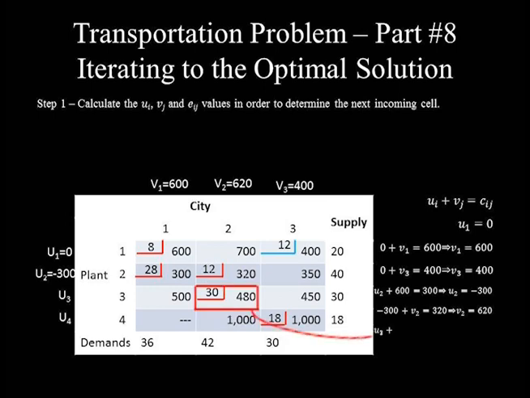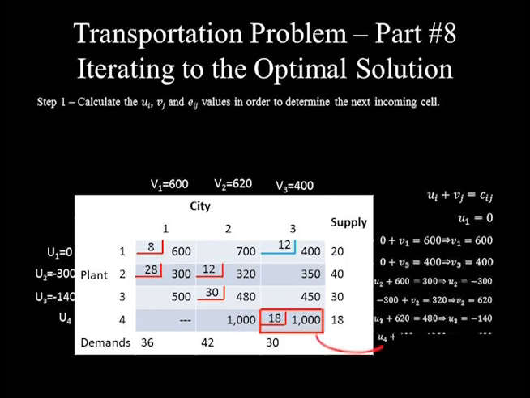U3 plus the column 2 index, that's 620, is equal to 480. This implies U3 is equal to 480 minus 620, which gives us negative 140. U4 plus the column 4 index, that's 400, is equal to 1000. This implies U4 is equal to 1000 minus 400, which gives us 600.